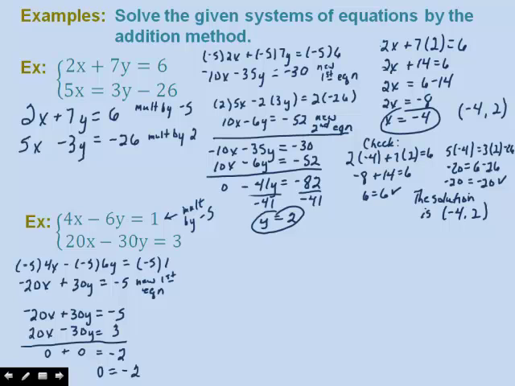And since what we've got down here, 0 is equal to negative 2, is a statement that's always false, that means that our system has no solution. And that would mean if we were graphing this, that the lines are actually parallel.